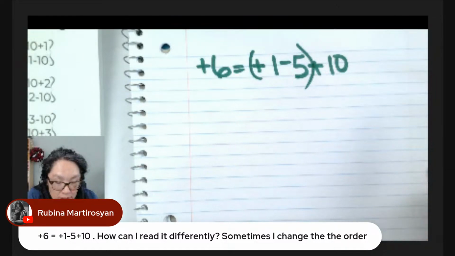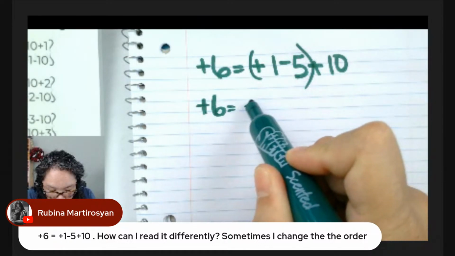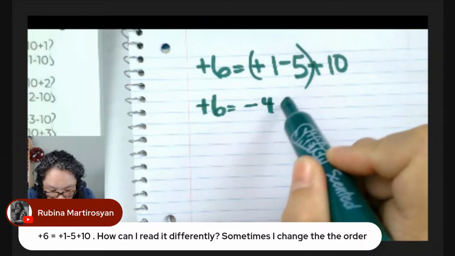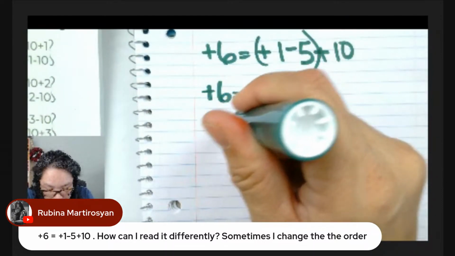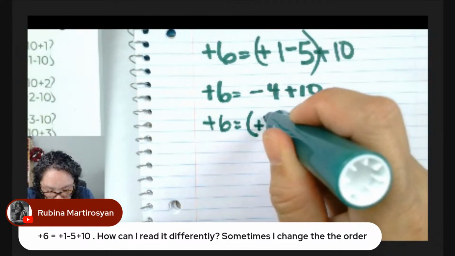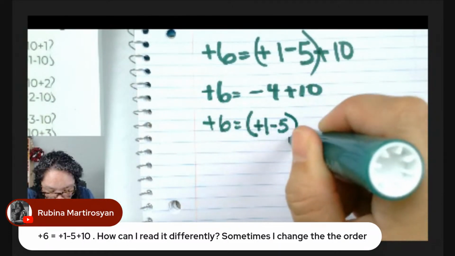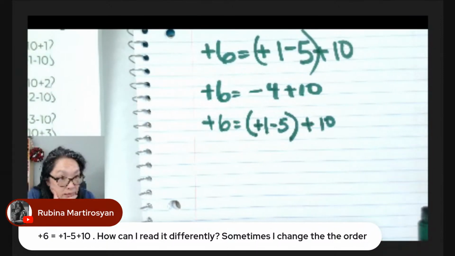So we have plus 6 is equal to minus the 4 plus the 10. If we substitute it, we can do plus 6 is equal to plus 1 minus 5 and then plus 10. You could do that anytime that you need to do substitution, right?